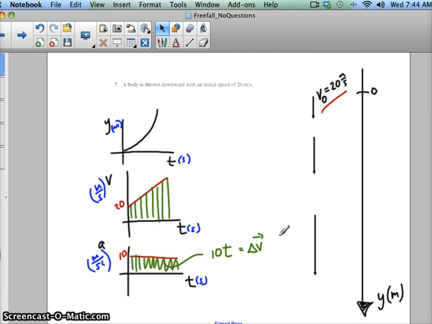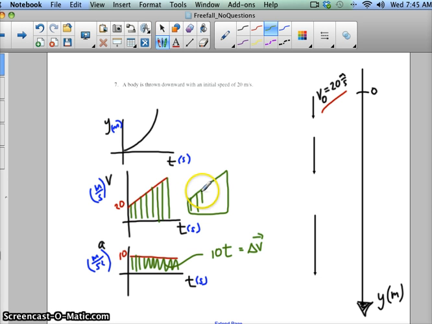You can look at it two different ways. You can look at that green shape, this green shape here, as a whole. And you can look at this as a trapezoid, where this side was 20. This side was t because we didn't know it.